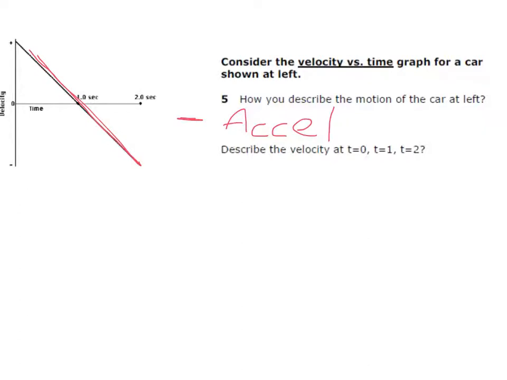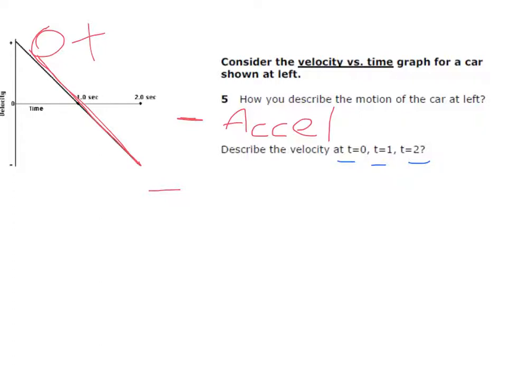If this is a car and we make the assumption that it's moving forward, then at the beginning up here it's positive, and down here it's negative. So the car is going straight, and then it slows down to a stop, and then it begins speeding up going the other way. Describe the velocity at these 3 times.